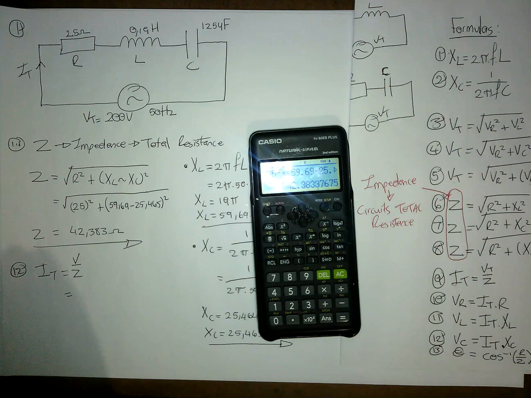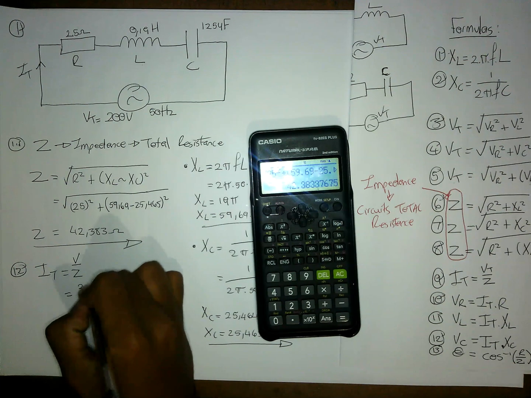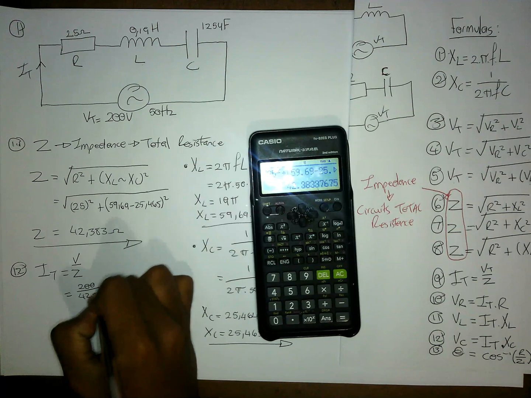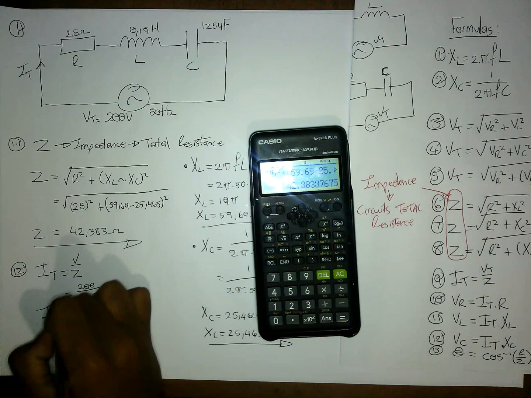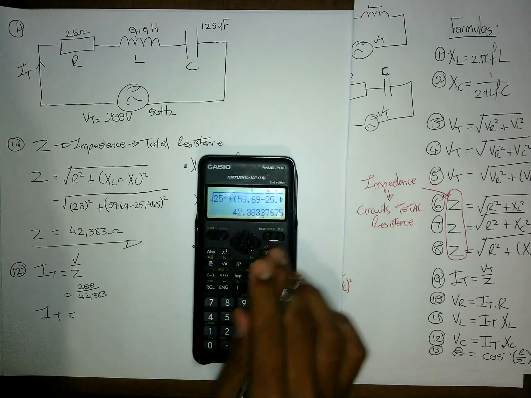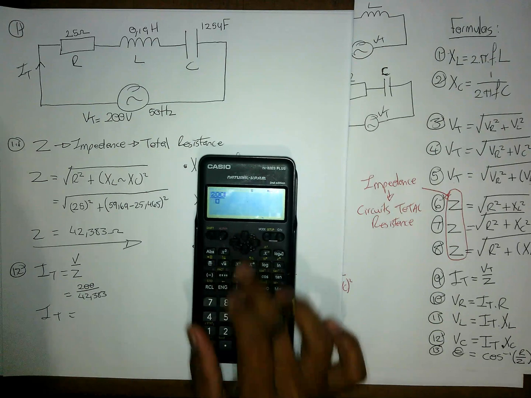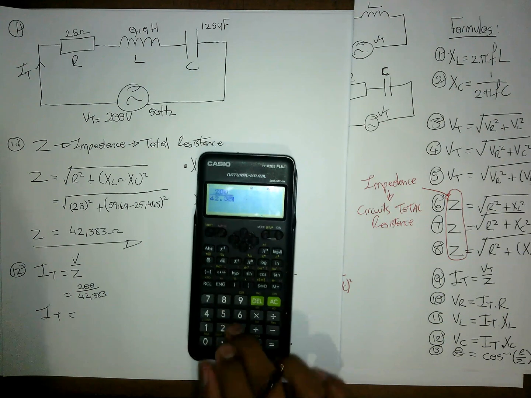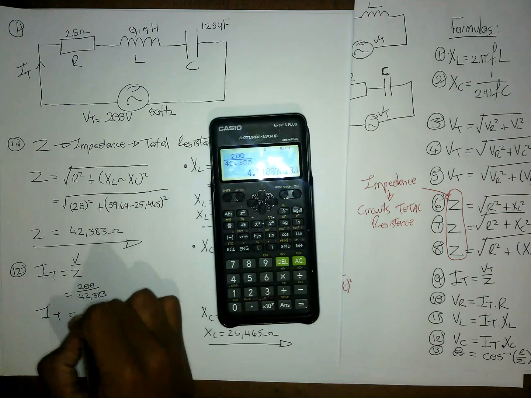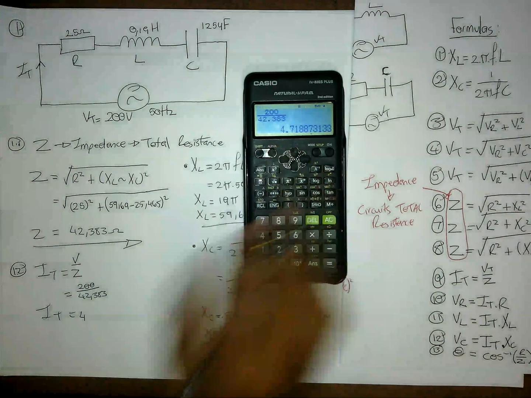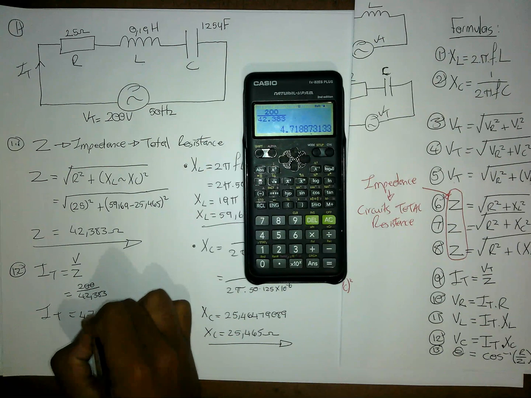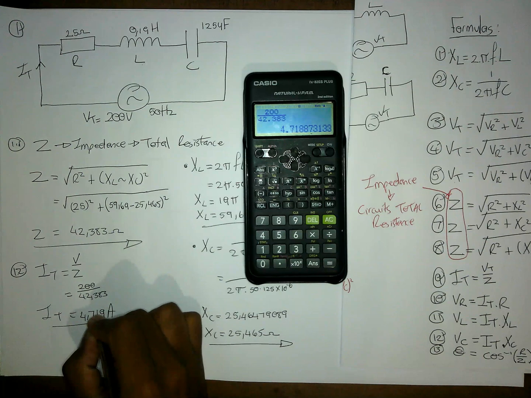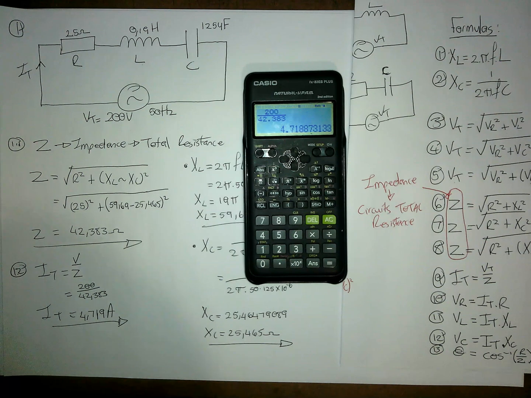So I have my 200 over 42.383, which gives me 4.719. Straightforward, right?